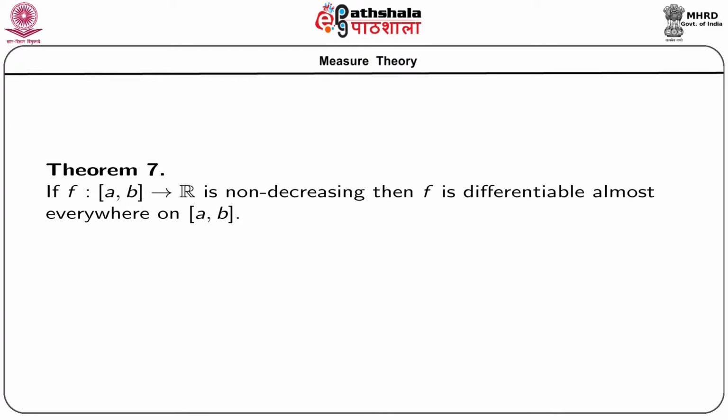Recall that we know that being a non-decreasing function, f has at most countable number of discontinuities, and so we already know that f is continuous almost everywhere, and that particular proof is not that much tough.